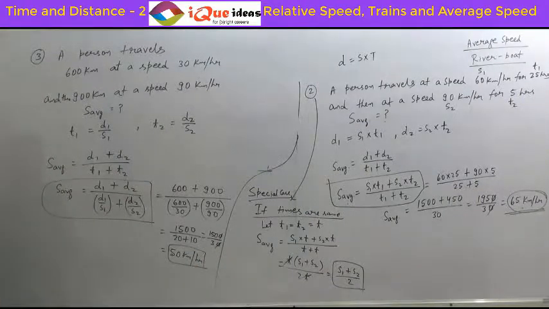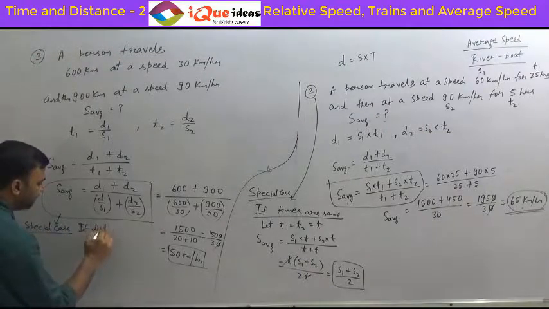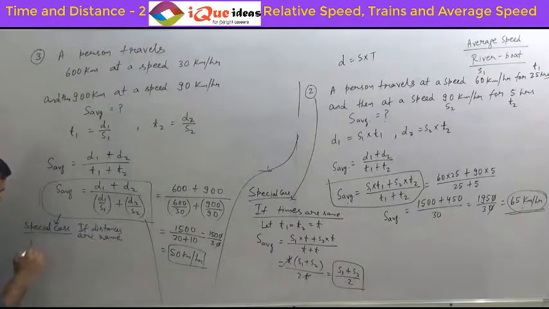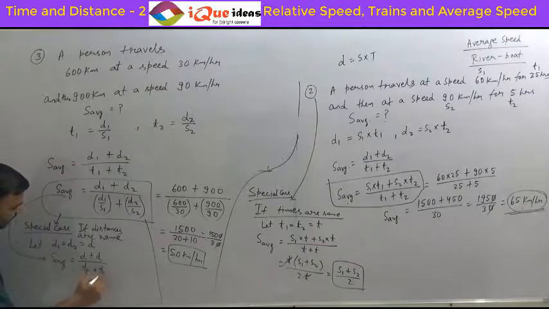In this case also there will be a special case. What will be the special case? If distances are same, that means let d1 equal to d2 equal to d, then this average speed will become d plus d divided by d by s1 plus d by s2.